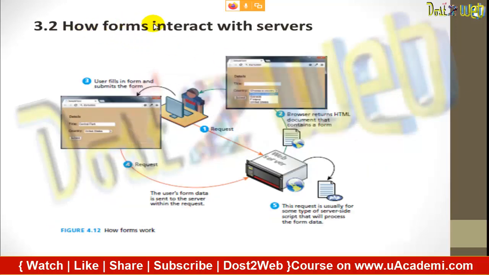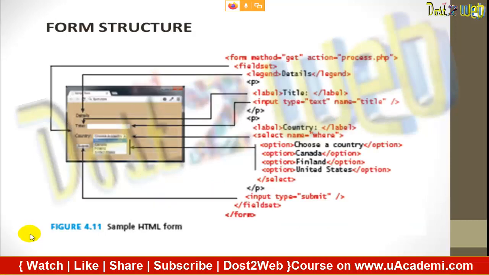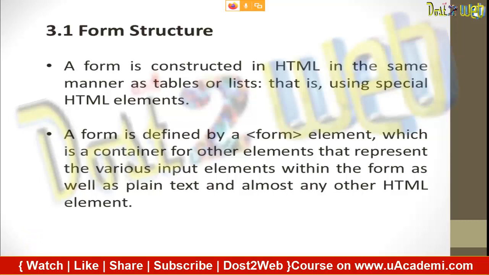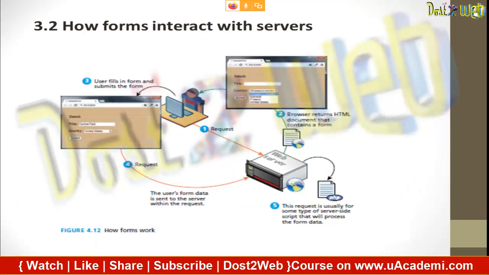Now how is the form going to interact with the web server, how does it happen? You can see here the point number 1. Here you have users, that is you or me or any person. You have a form, right?